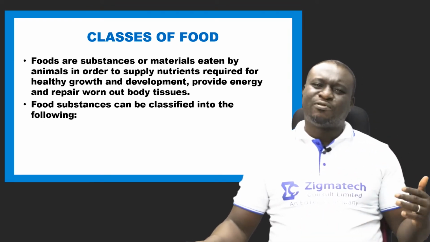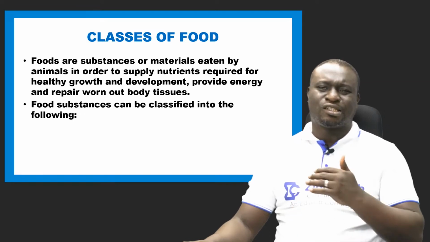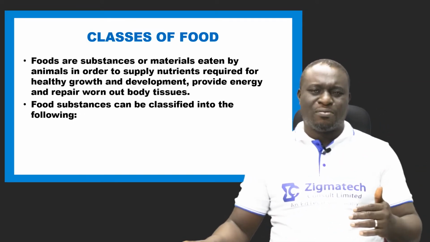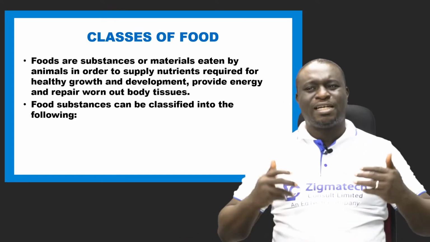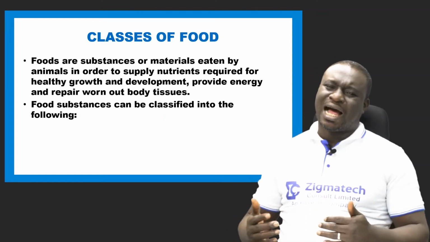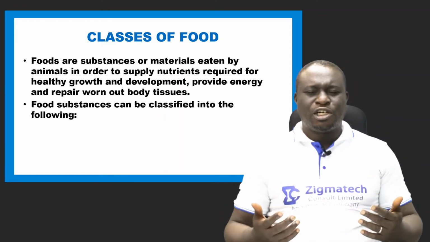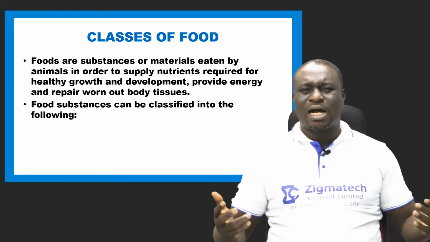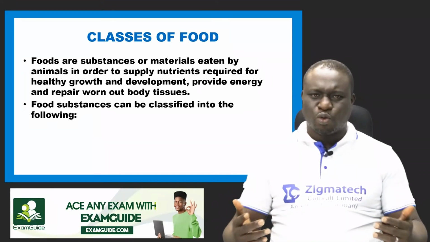We can say food can be defined as any substance or material which, when eaten by animals, supplies nutrients. These nutrients are required for healthy growth and development. They provide energy and also help repair worn-out tissues of the body. That is what food does.